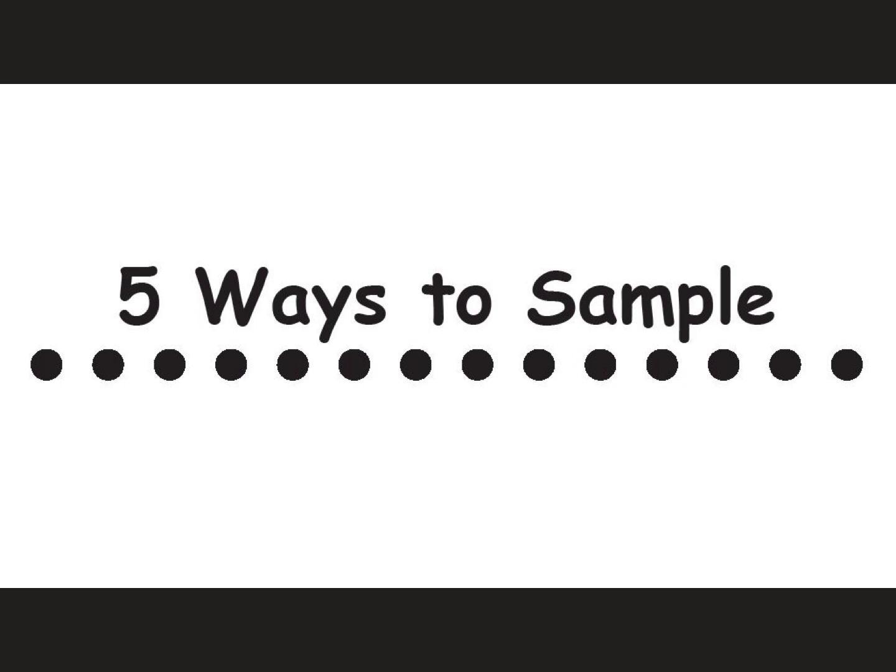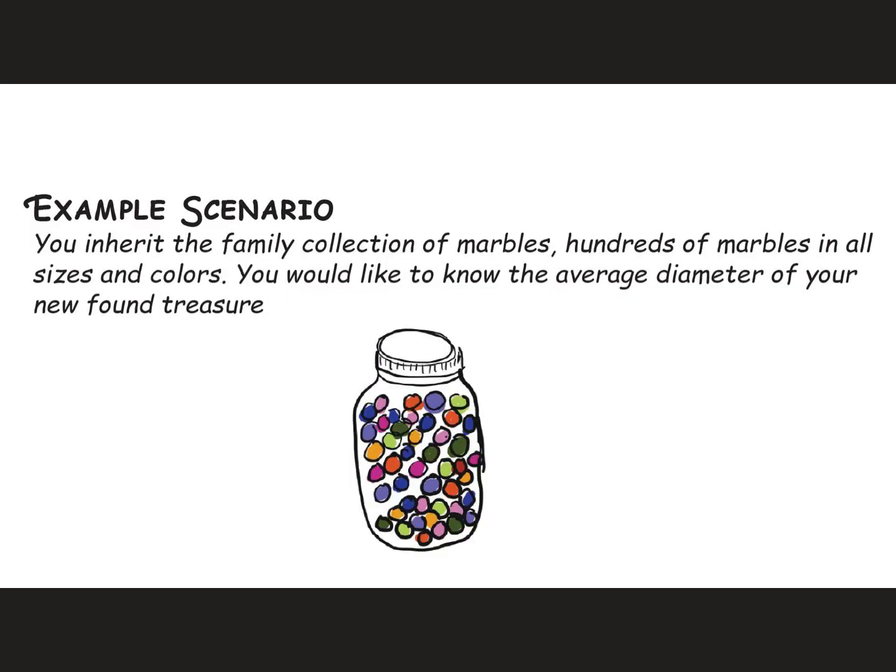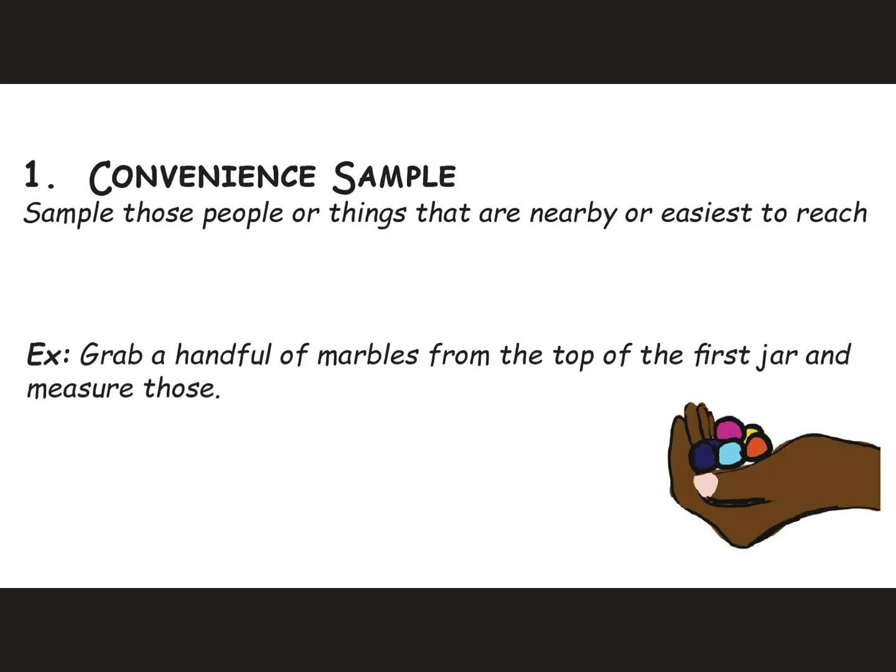All right, so there are 5 different ways to sample that you need to be aware of. The first one is just simple random sampling. I should back up. The first one on this list is convenience sampling, and that's where you just take the most convenient thing. So you just grab a handful of marbles from the top of the jar, the first one.